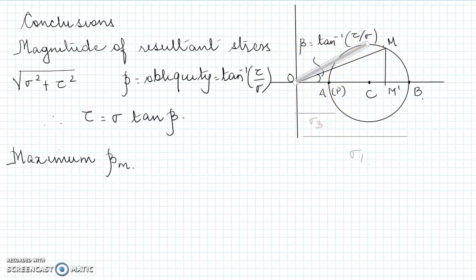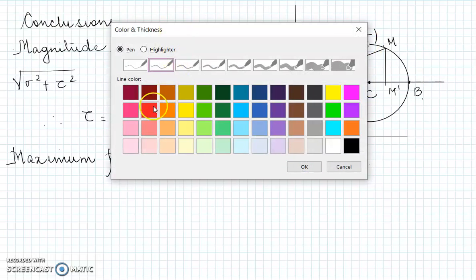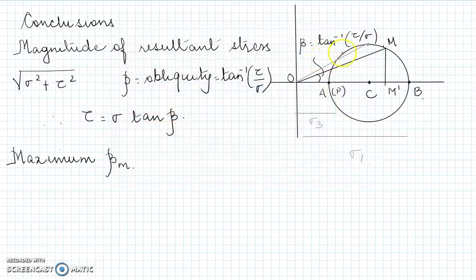See here, now I'm taking some other point M, which is below. Let's say I take N here now. Now I connect this. I'm getting still higher value of beta. Are you realizing this? Which is the point with the maximum value of tau? This gray point, right?